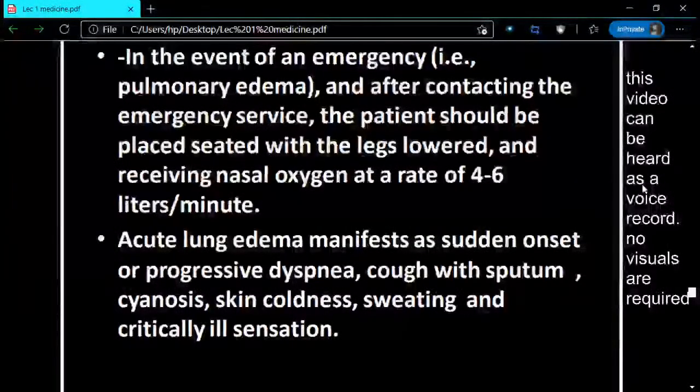In an emergency, contact the medic, sit down the patient, and give oxygen, 6 liters per minute.